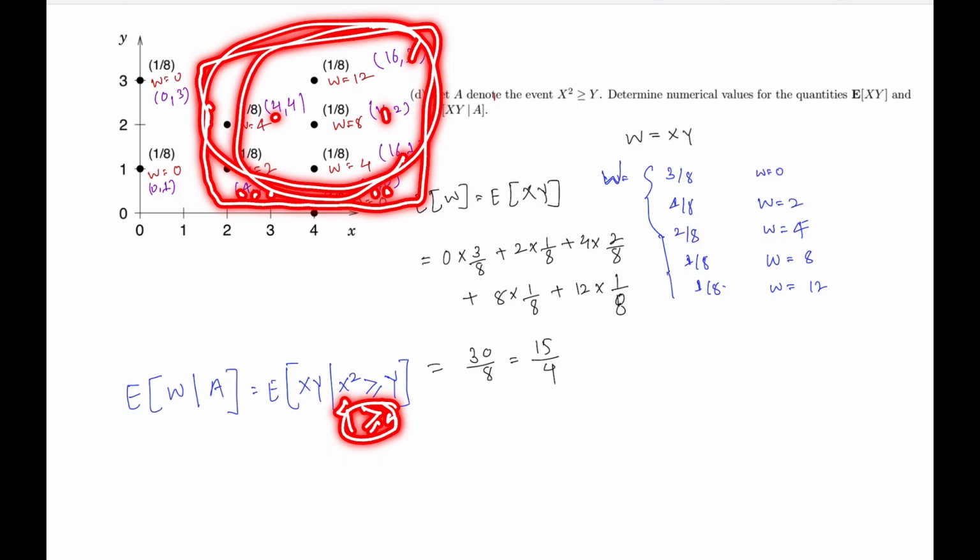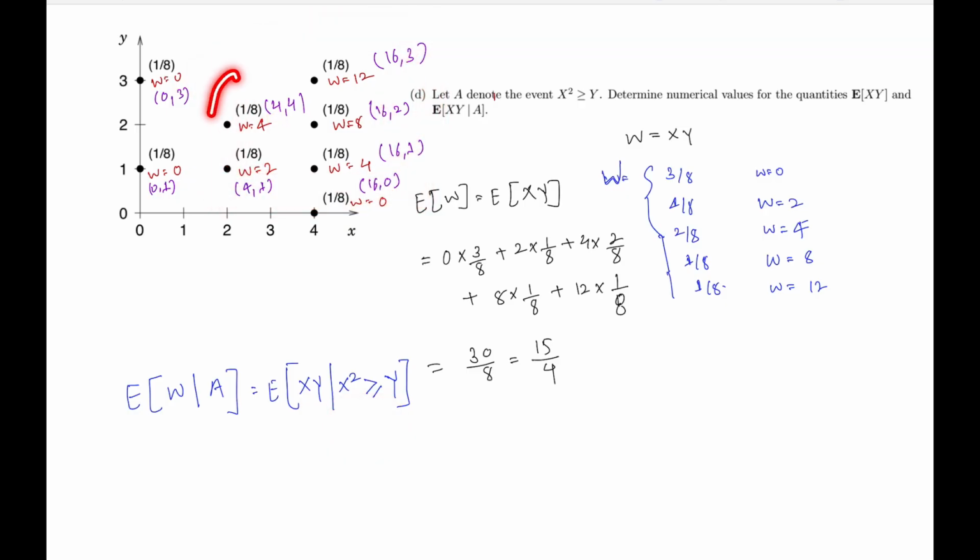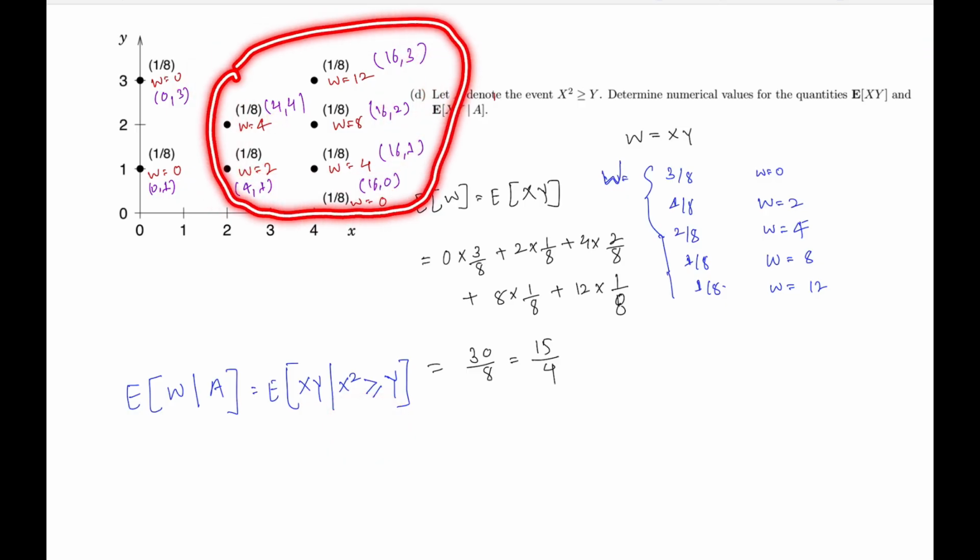And in this conditional universe, first of all, we will have to revise our belief, or revise the probabilities, or find the conditional probabilities. How can we do that? It's simple. What's the total probability? The total probability is 1 divided by 8 plus 1 divided by 8 plus 1 divided by 8 and so on. How many are there? 1, 2, 3, 4, 5, 6.